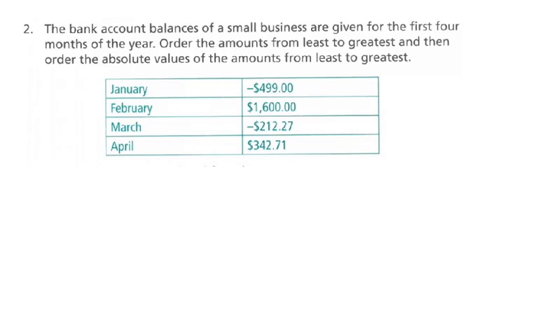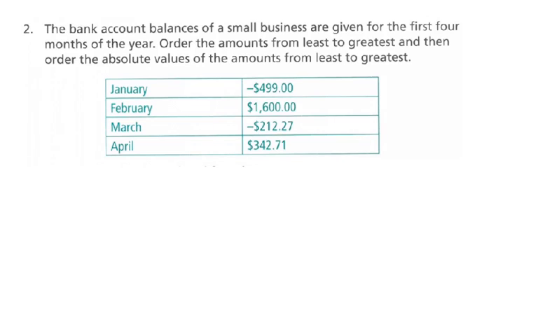Here is another example. This is dealing with money. The bank account balances of a small business are given for the first 4 months of the year. Order the amounts from least to greatest, and then order the absolute values of the amounts from the least to greatest. So remember, with word problems, we always have to keep in mind what they want us to do.